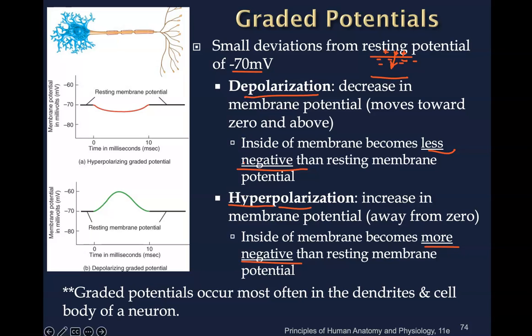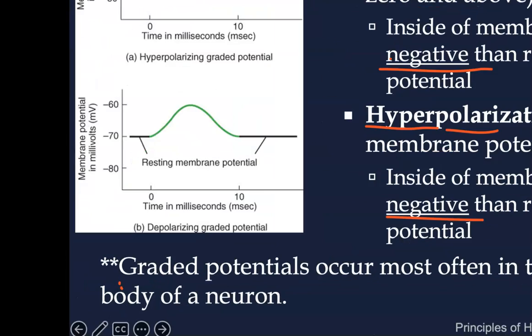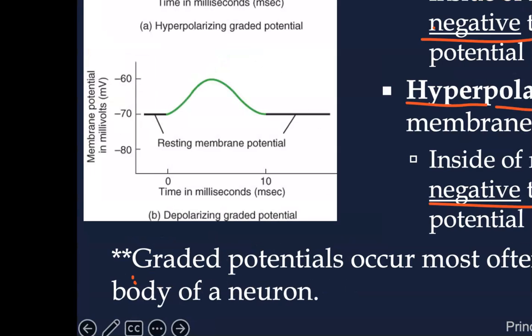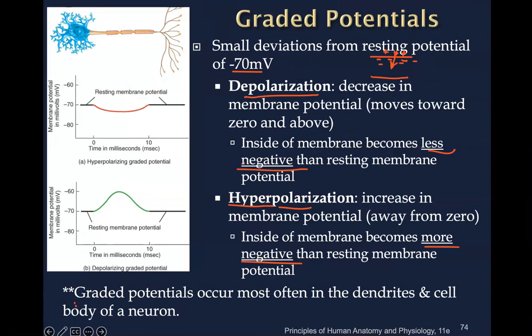It's important to know that as we talk about graded potentials, the important thing to remember is that graded potentials are going to be occurring in the dendrites most often, and also the cell body of the neuron.